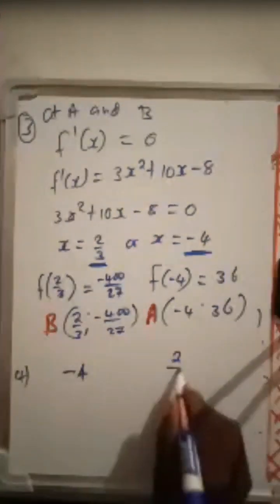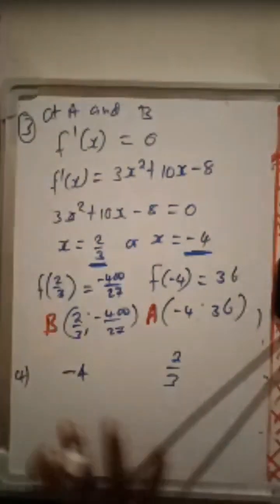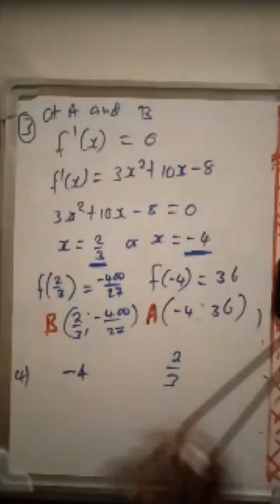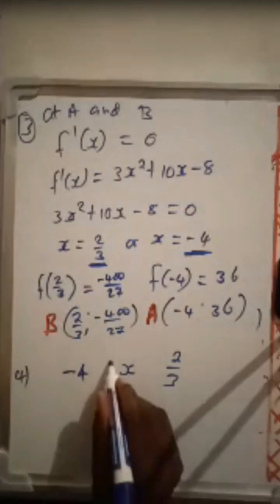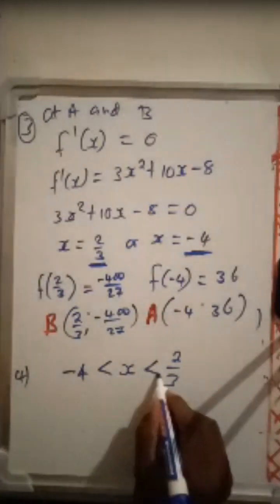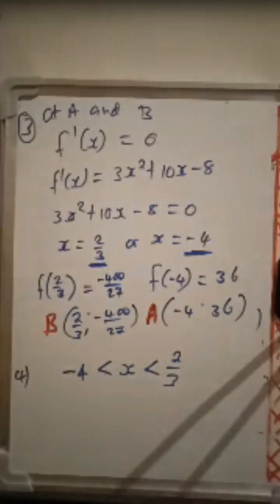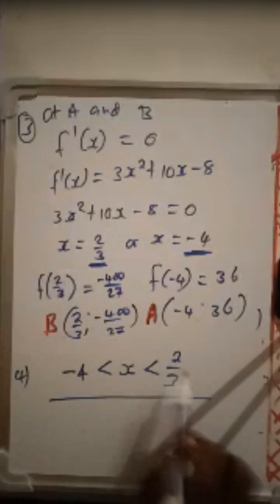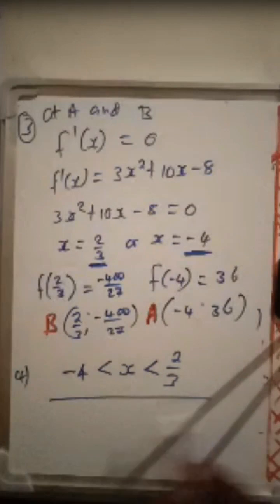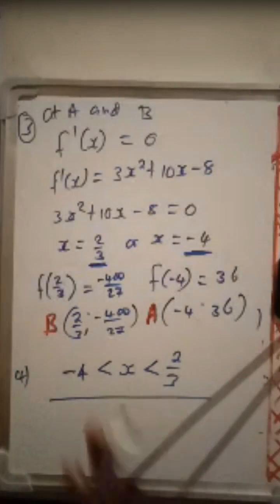If it is between any two values, you put the x in between, then put less than signs like that. Between any two values, a region between two values, indicate the two values at the ends, put x in between, then always the sign is less than.